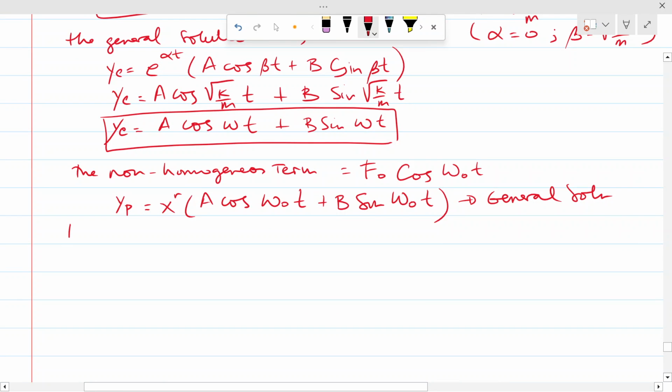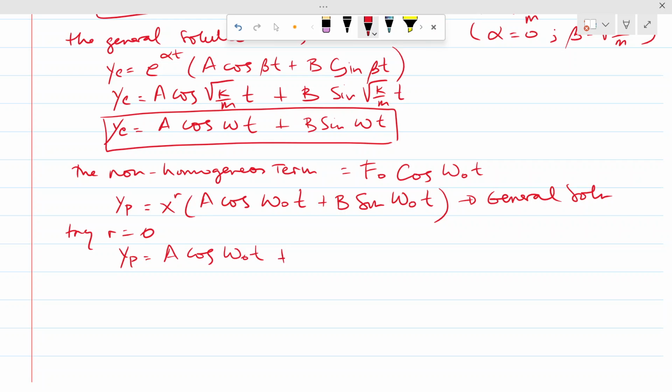So let's try the value of r equals 0. If you use r equals 0, we will get the particular solution yp equals a cos w naught t plus b sin w naught t. And it's already mentioned that w naught is not the same as w in the question.